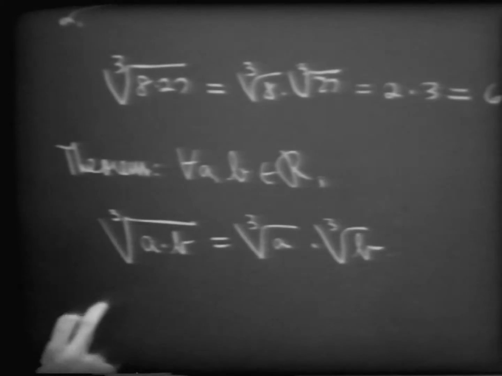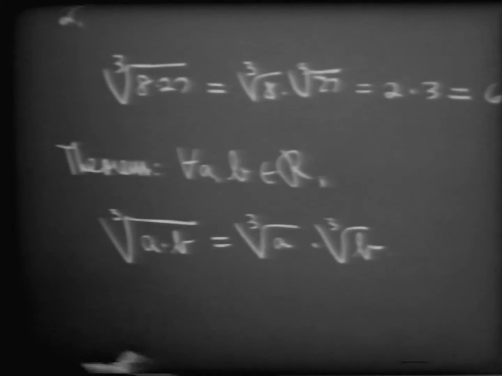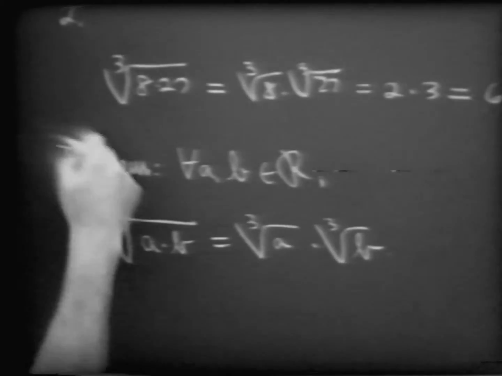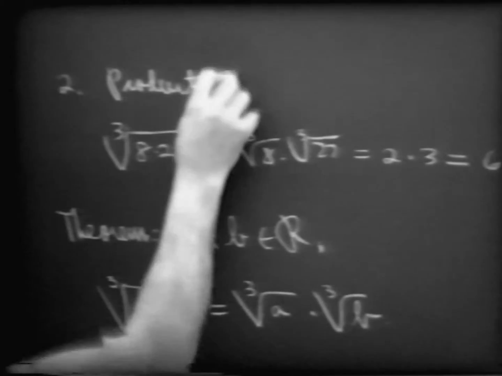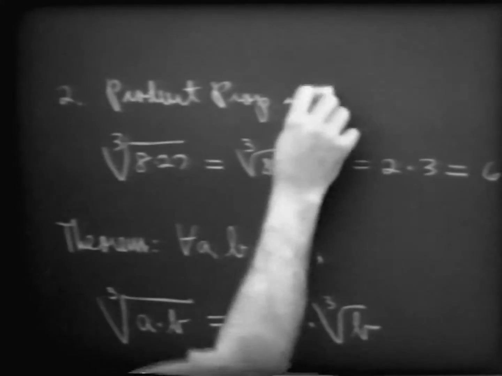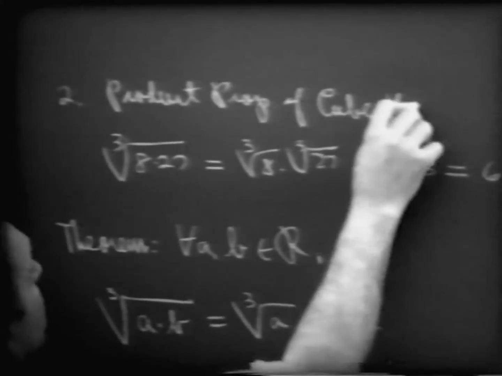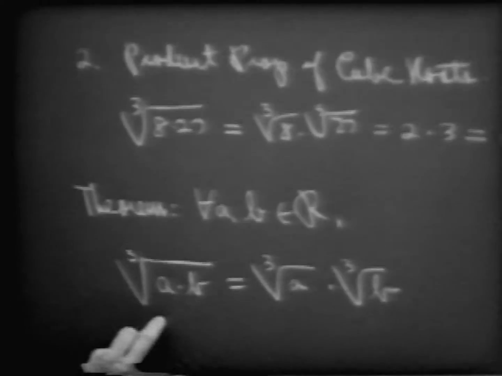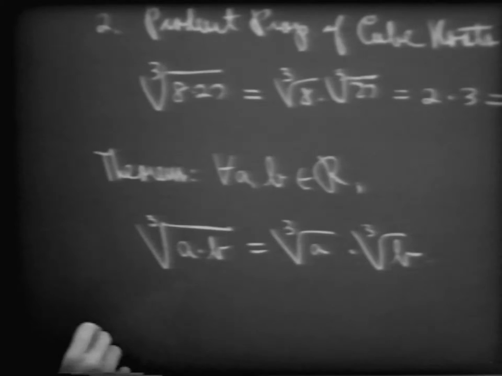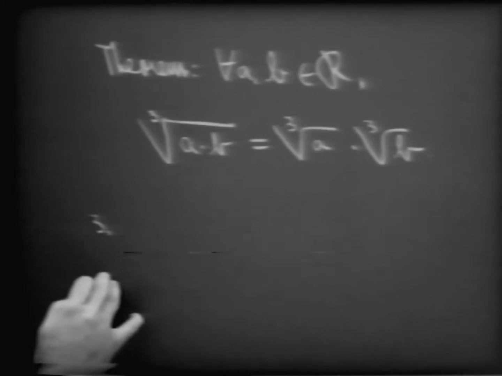And this is very much like a product property that we have seen in today's and yesterday's lesson. So in fact, let's give this a name: the product property of cube roots, that we may look at from this theorem. I'd rather not prove it, but simply go on and look at some other ideas.